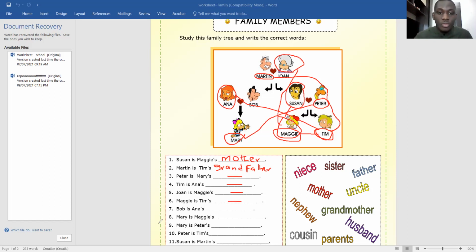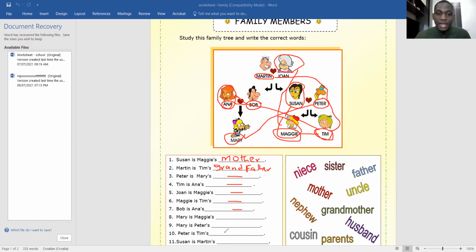Good. Number seven, Bob is Ann's. Where is Bob? Look at Bob here. Bob is Ann's. Look at Ann here in the family tree. So you have to write it by yourselves. Good.